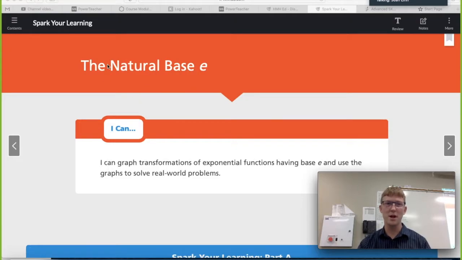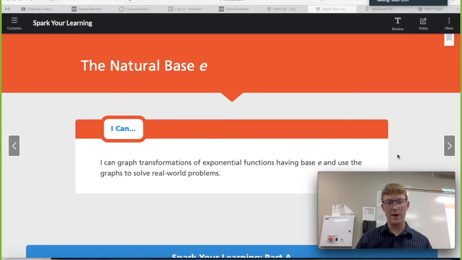So we are talking about natural base e. Again, this is 8.2 for those of you keeping track. In the last lesson, we learned about exponential growths and exponential decays.